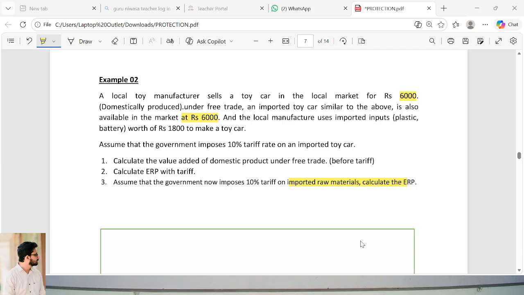Send me a photo of your answer after a few minutes.